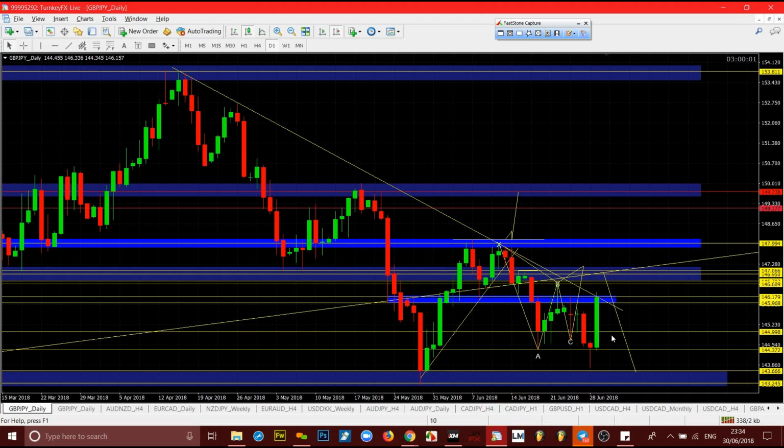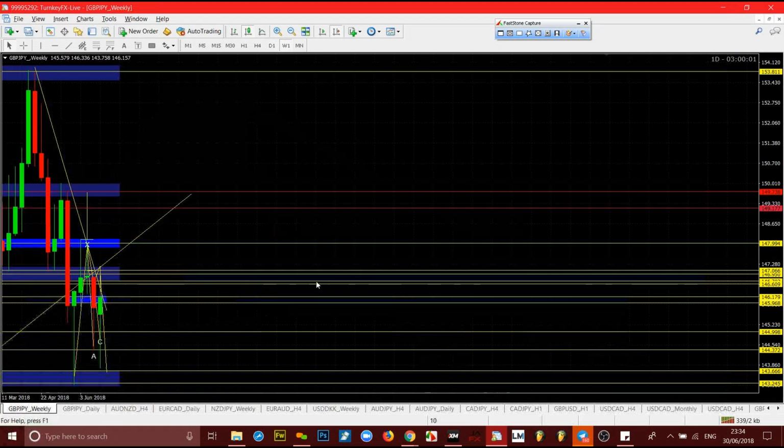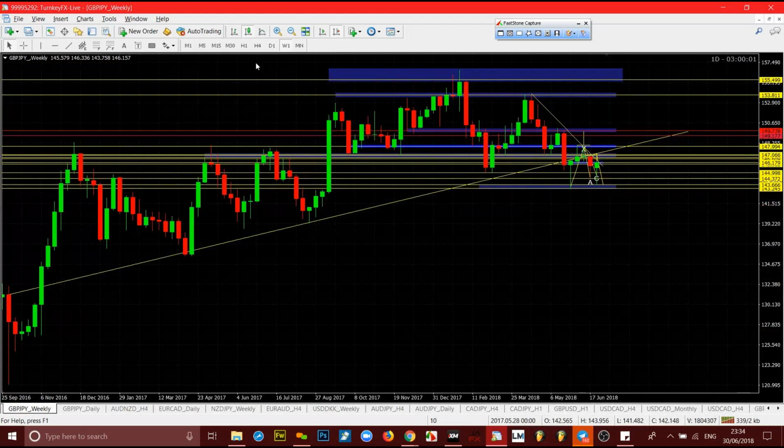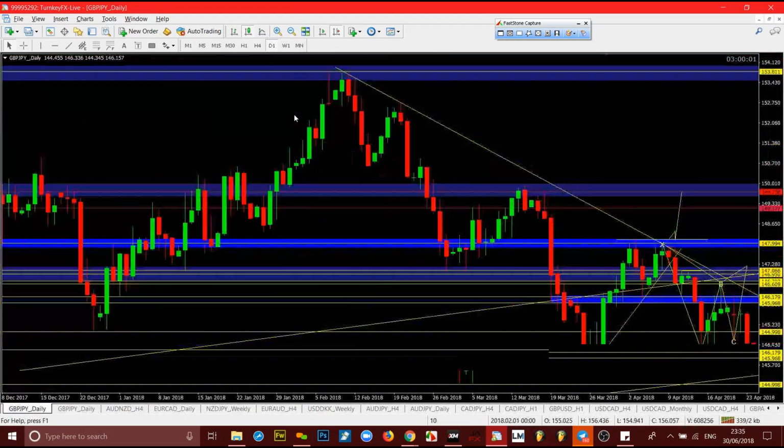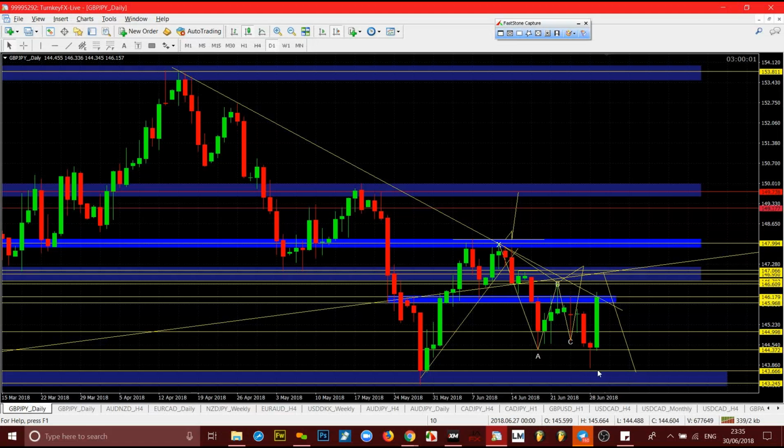If it comes back to this sell level, which is a key structure level that also confluences with my weekly trend line that I have drawn here, then I would sell it back to this level, where it kept bouncing off from, and that would be a whopping 300 pips. So just watch for that level.